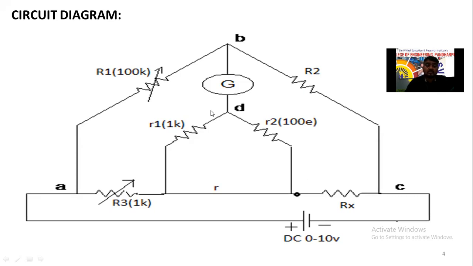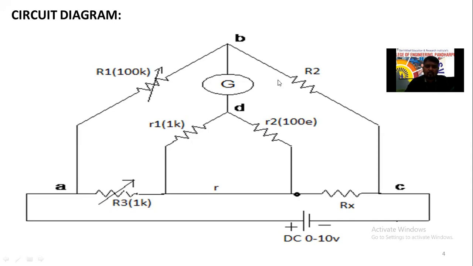But based on this, the formula you have to remember is very important. P equals QR by S, or S equals QR by P, as you derived last time.